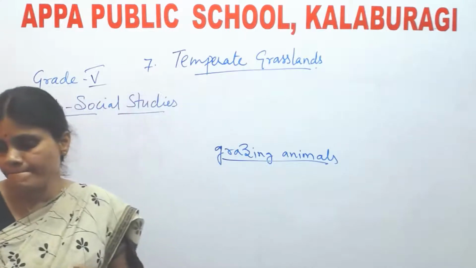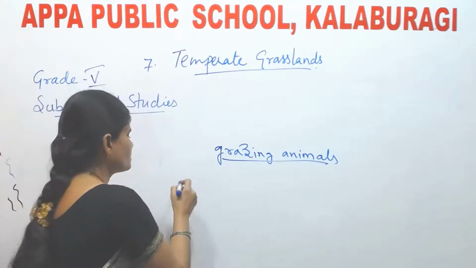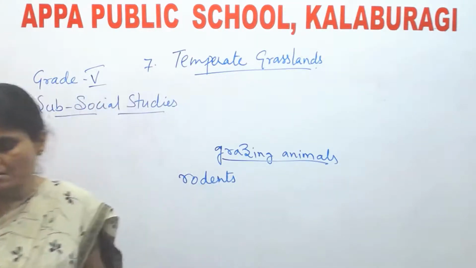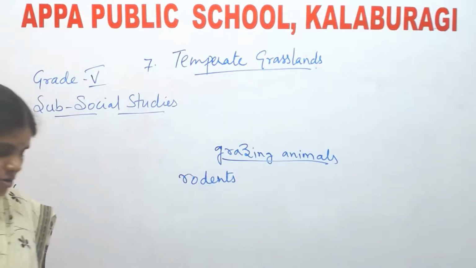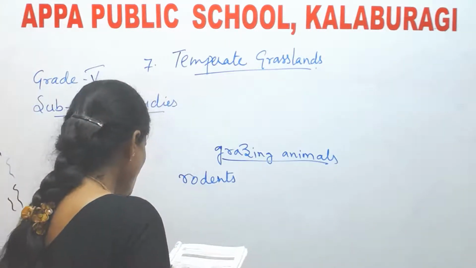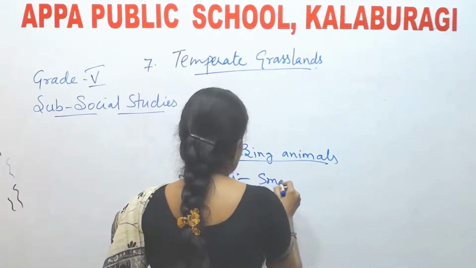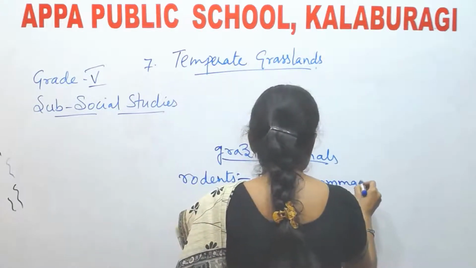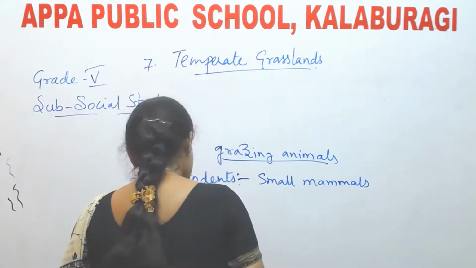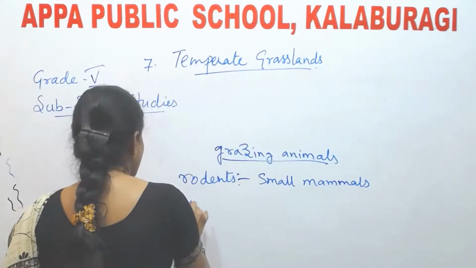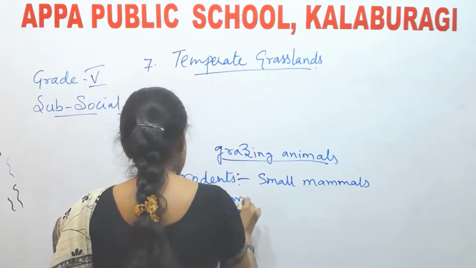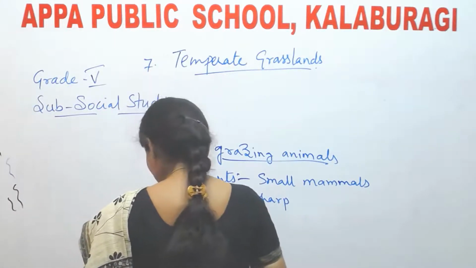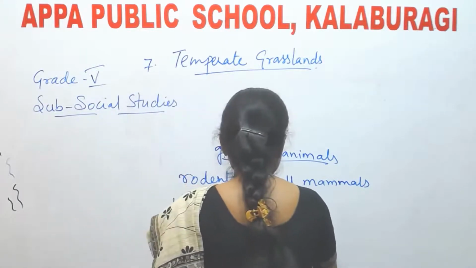Okay, see, rodents. What are rodents? See, rodents are nothing but small mammals which have sharp front teeth.